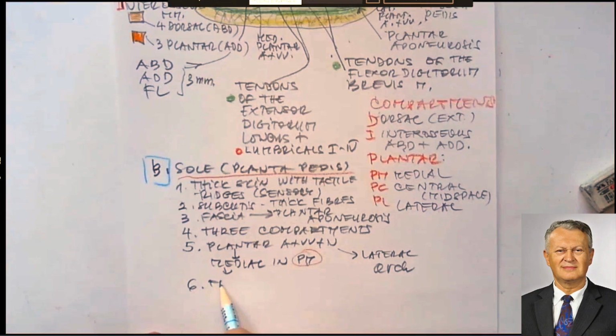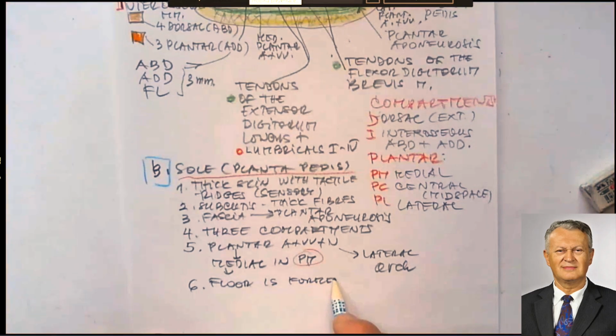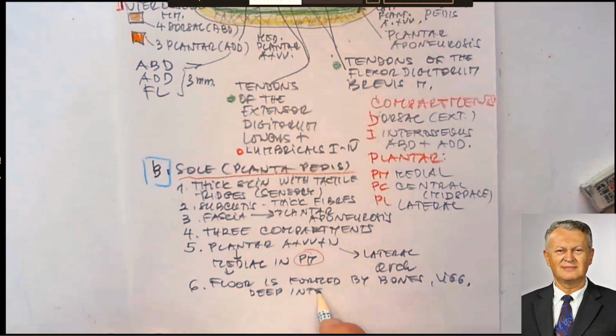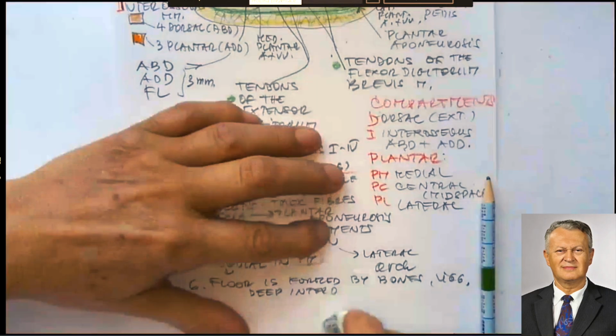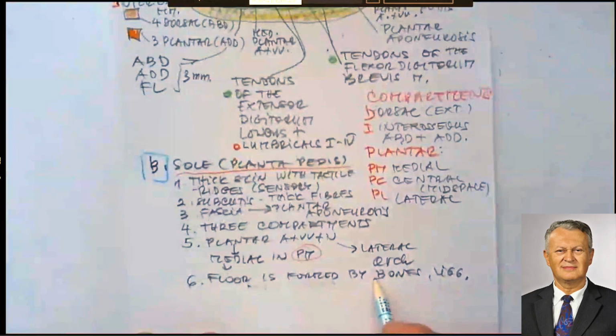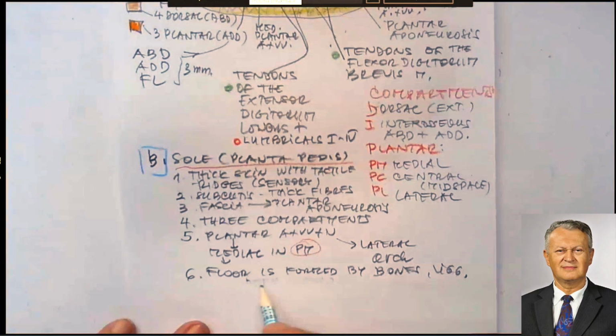Number 6, floor of the area. The floor is formed by bones, ligaments, and deep interosseous muscles. Interosseous not, because this is a little bit higher position. First of all, bones and ligaments, important for the support of the plantar arches.